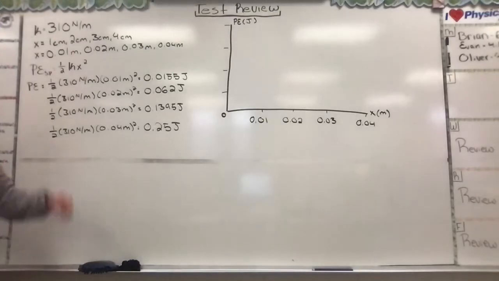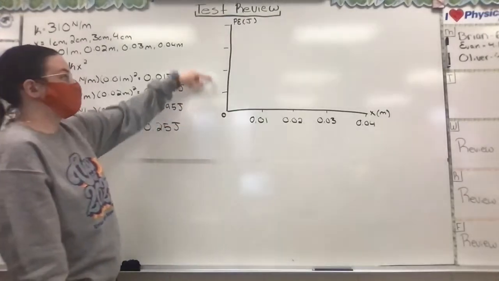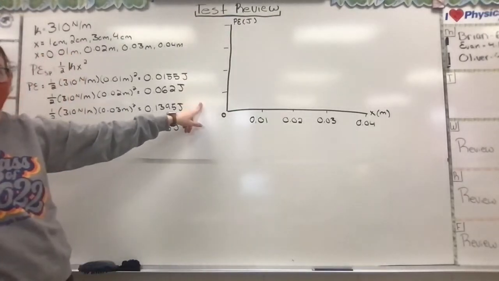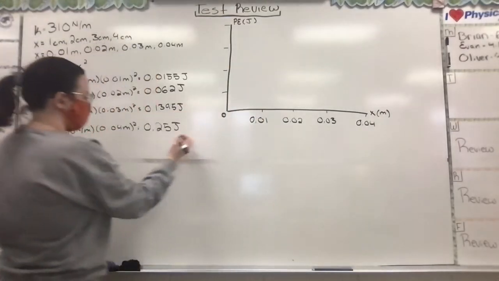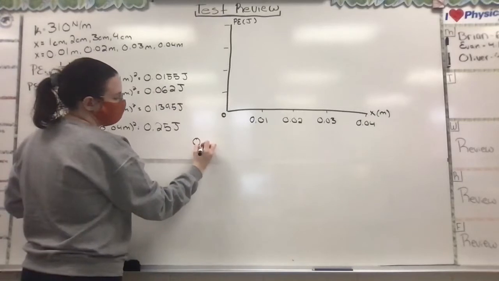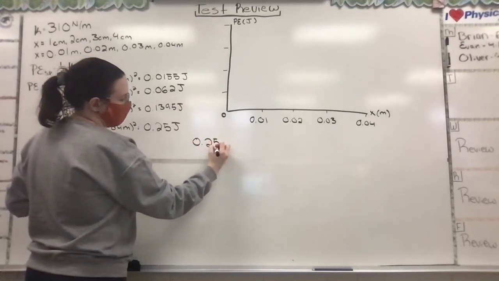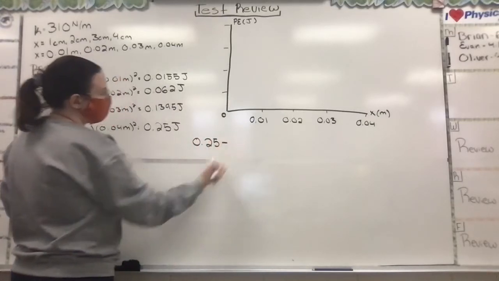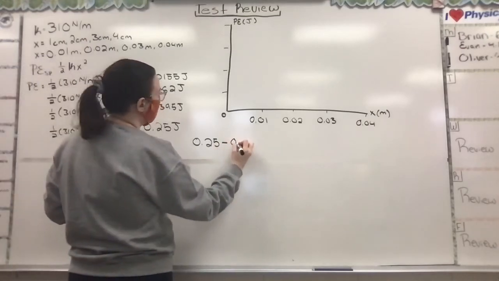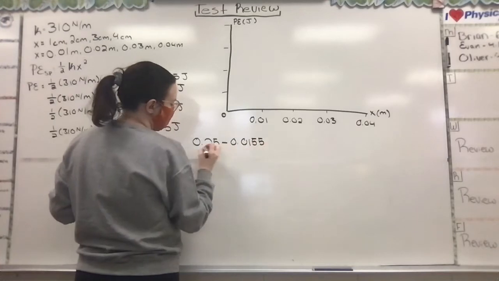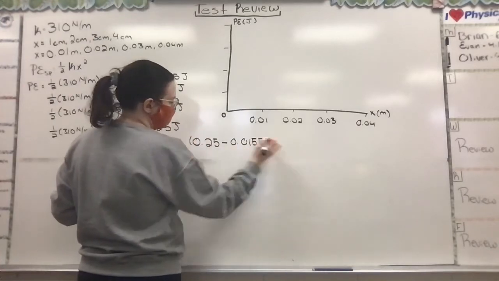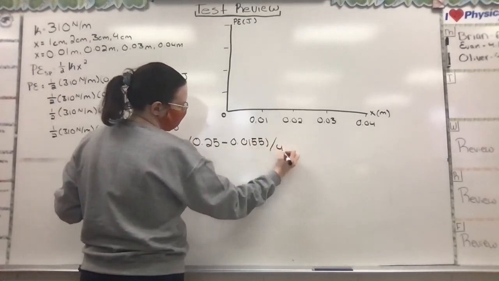Now, how I would go about determining how much to increment this by is I would say 0.25 minus 0.0155, and then divide that entire thing by 4.